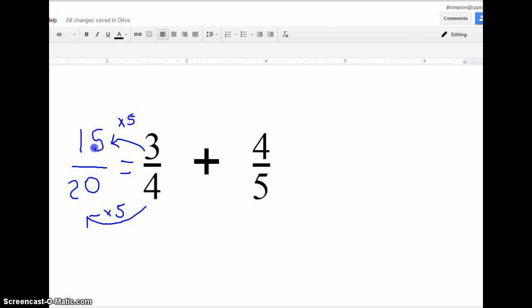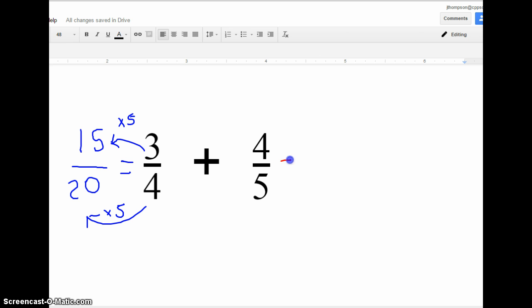I hope this is looking familiar to you because this is proportional. 20 times 3 gives me 60. 15 times 4 also gives me 60. So this fraction is equivalent to 3/4.